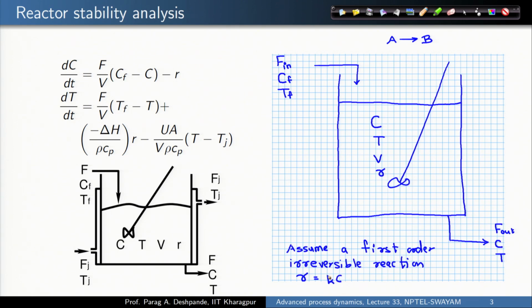I have not used the subscript A because we are following only the concentration of A. So, k C is the expression for rate of reaction in this particular case.